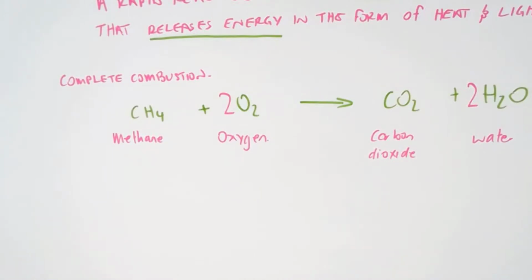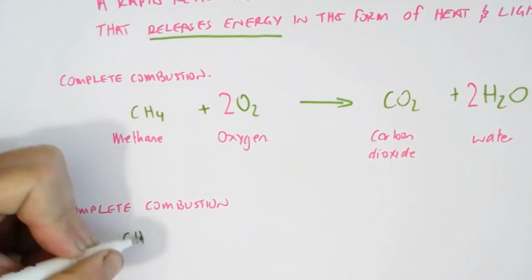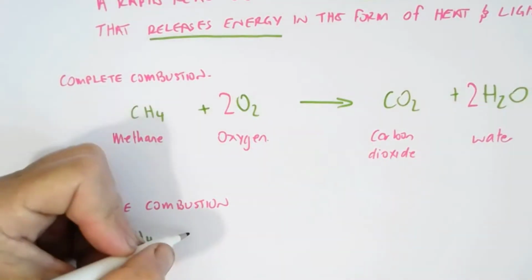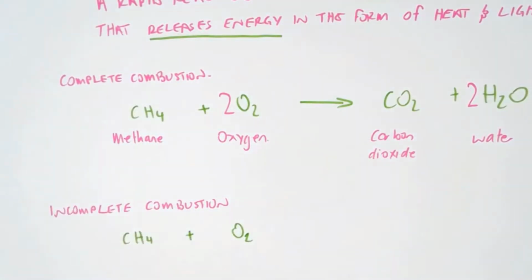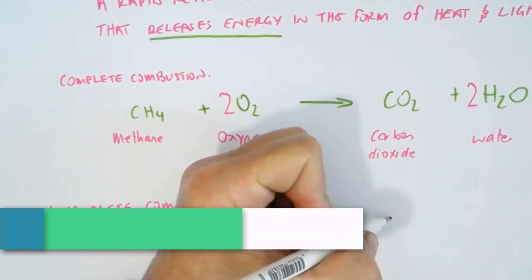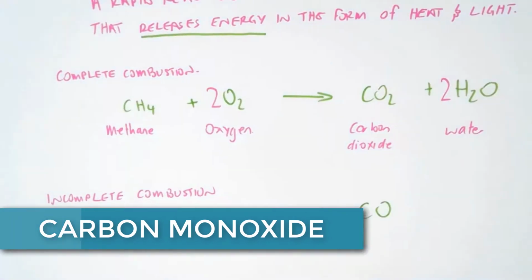If there's not enough oxygen present, we have incomplete combustion. We're going to use the same fuel, methane, and we still say O2, even though there's not enough oxygen present, it's still obviously in the form of O2. So when there's not enough oxygen present, instead of producing carbon dioxide, what's produced instead is carbon monoxide.